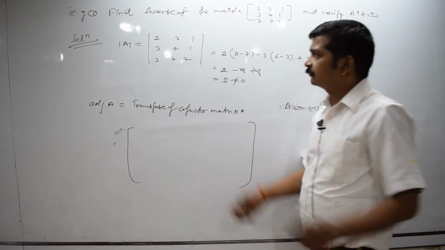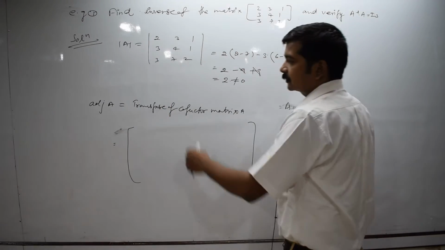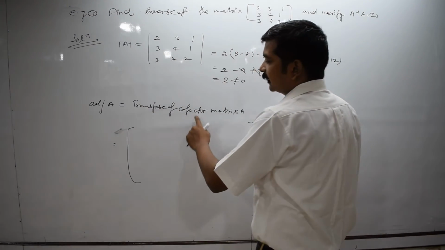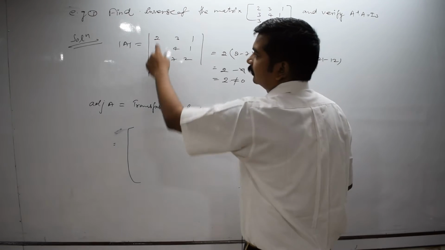So we find the cofactor matrix by a very short method like this.